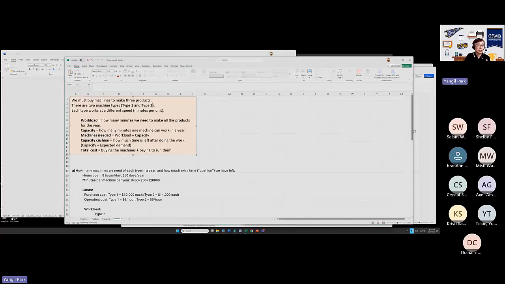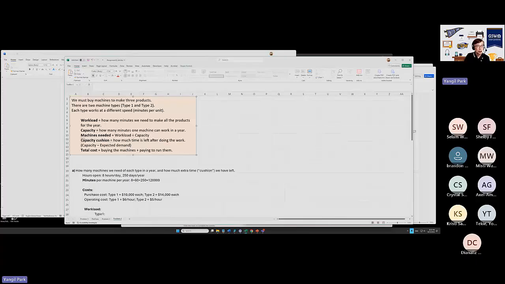Then there's the idea of capacity cushion. That's for safety, just in case you're running short. If you have a little bit of leftover, that's good. But if you have too much left over, that's no good, because you're losing some of those costs.